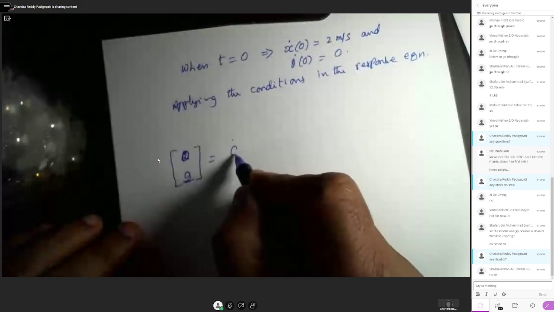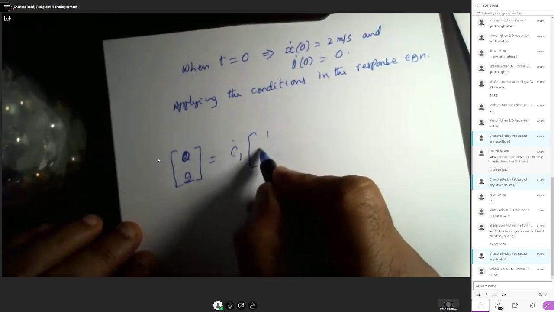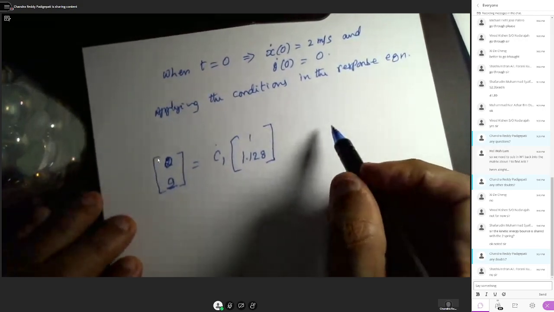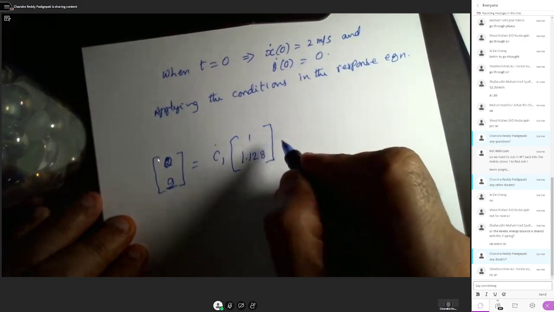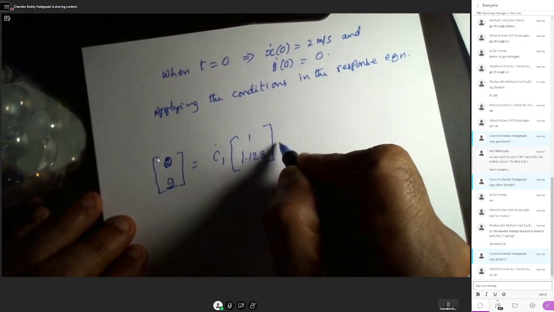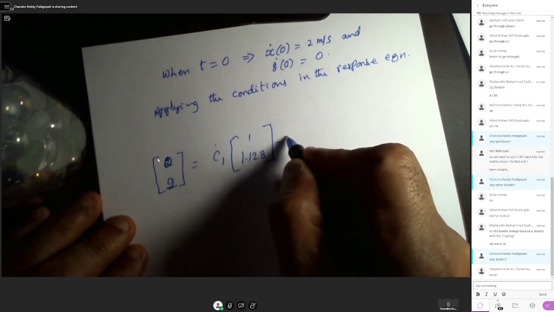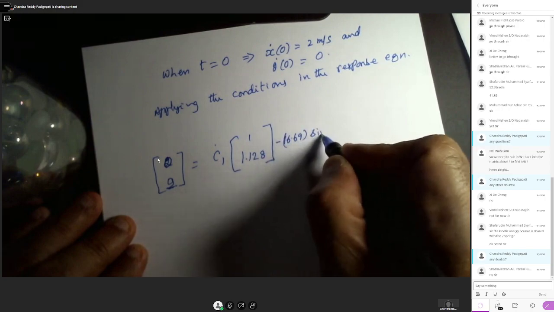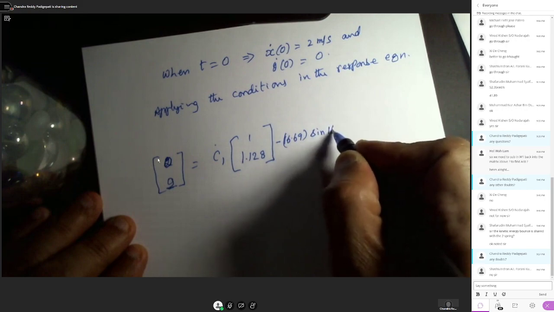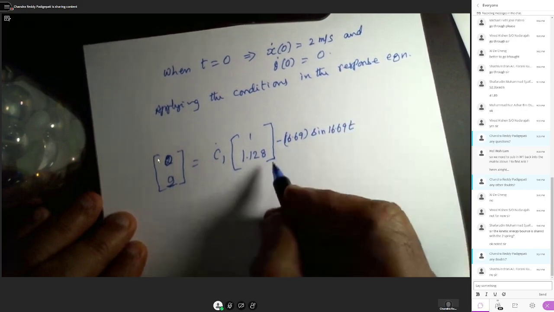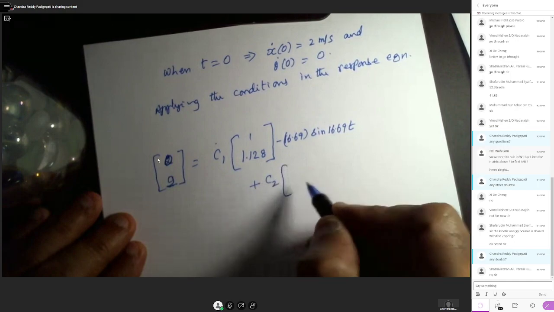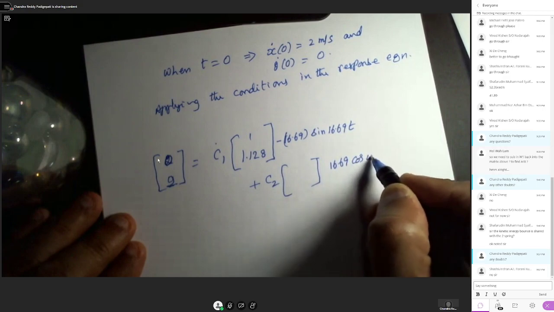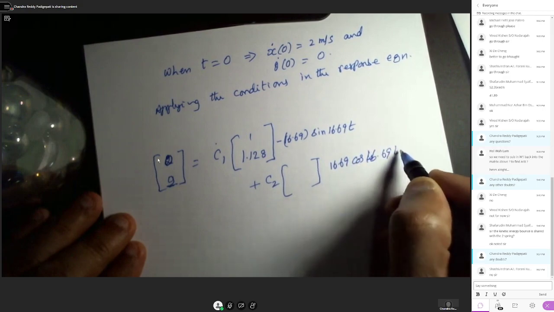So you will be able to find C1, 1.128. Here you get cos omega t is negative, sine omega t negative, 16.69 sine 16.69 t. So plus C2 into the same thing: 16.69 into cos omega t, 16.69 t.